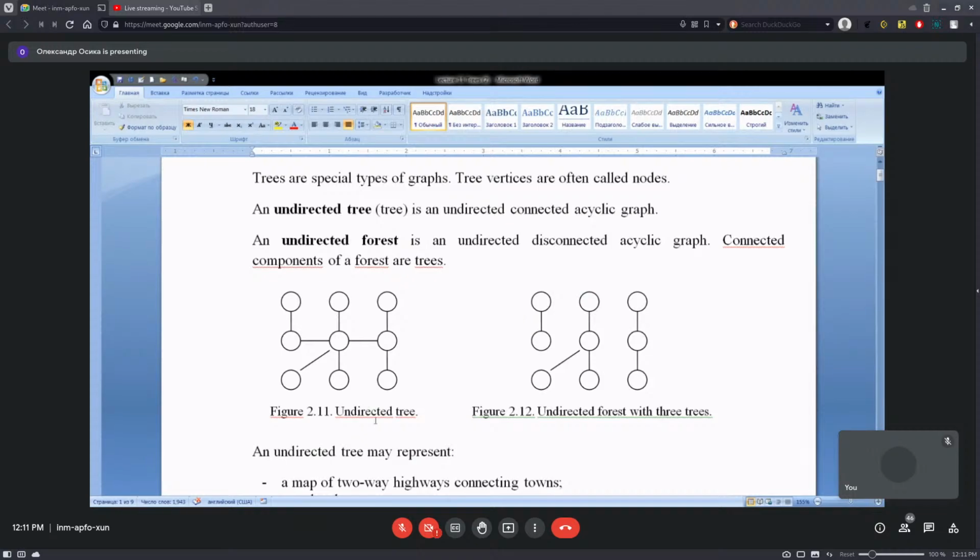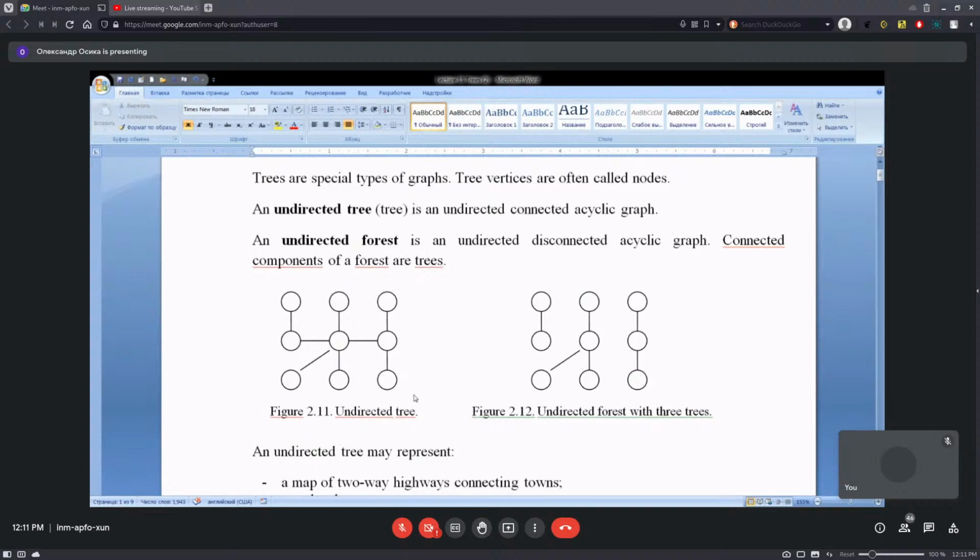You can read it in more detail in the manual that you have in a sufficient number at the library.